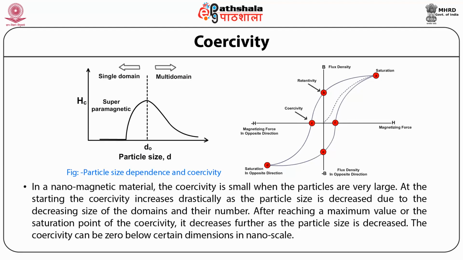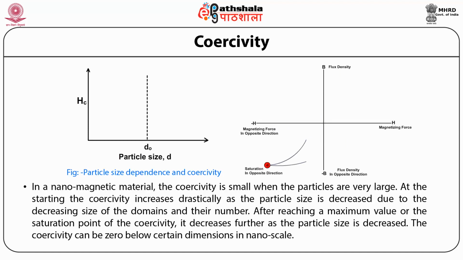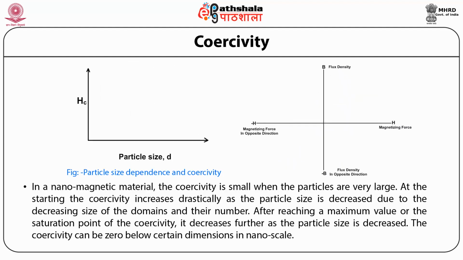In a nanomagnetic material, the coercivity is small when the particles are very large. At the start, the coercivity increases drastically as the particle size is decreased, due to the decreasing size of the domain and their number. After reaching a maximum value, the saturation point of the coercivity, it decreases further as the particle size is decreased. The coercivity can be zero below a certain dimension in the nanoscale.